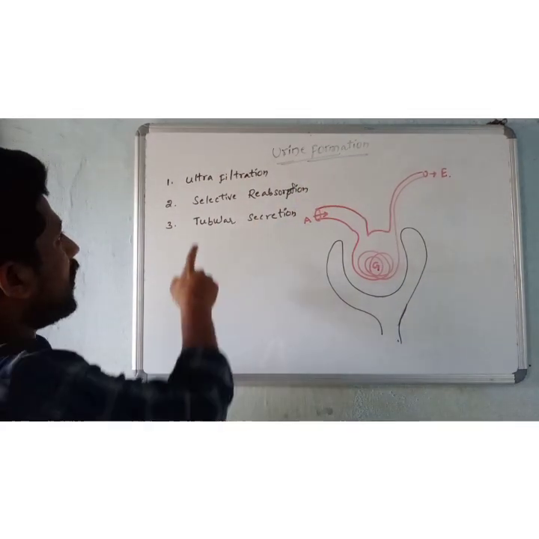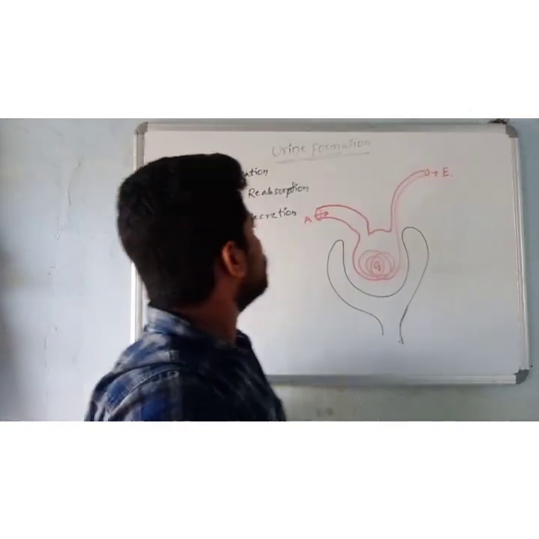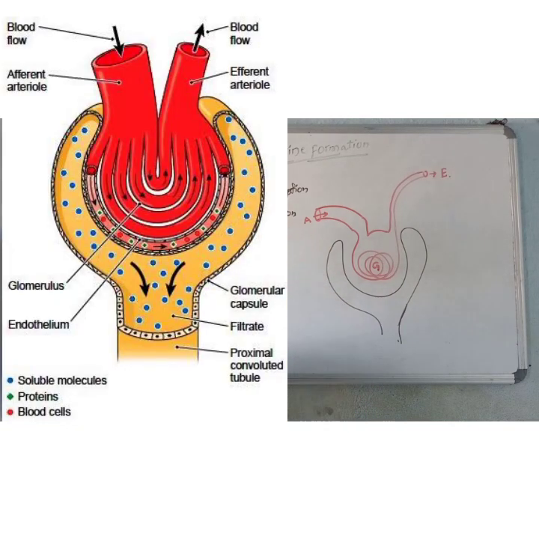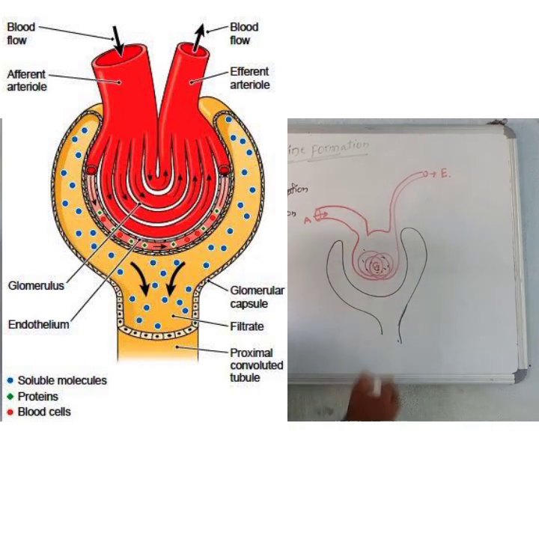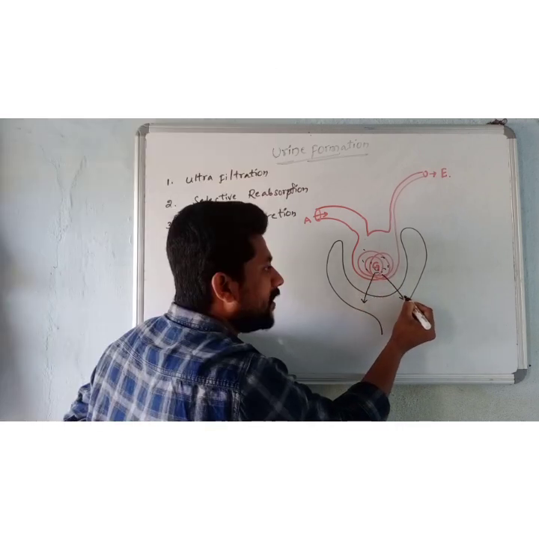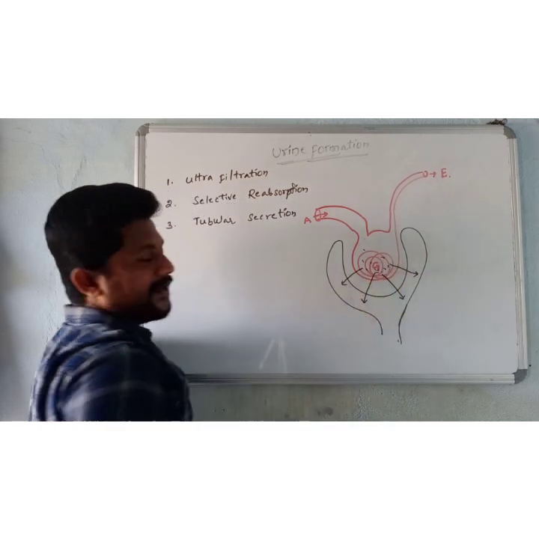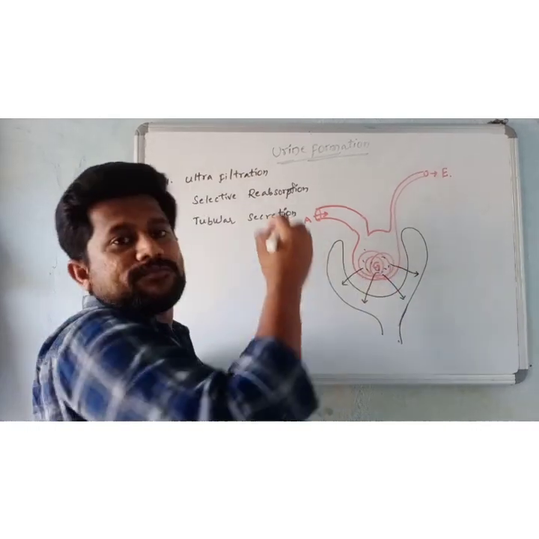The first thing, ultrafiltration. Ultrafiltration, which is also known as glomerular filtration, means the filtration of blood from the glomerulus to the lumen of the Bowman's capsule. It all happens through minute pores.